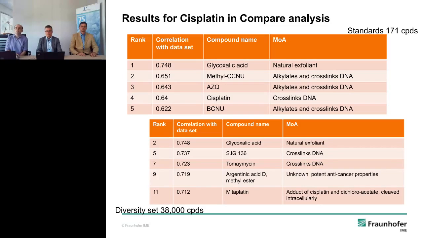Cisplatin's mechanism of action is to cross-link DNA, and cisplatin-like compounds appear within the most highly ranked compounds, including cisplatin itself at number 4. You can compare this cisplatin data with what's happening against a diversity set of 38,000 compounds, and again cisplatin-like compounds appear in there.